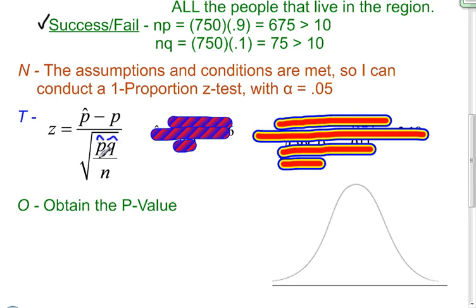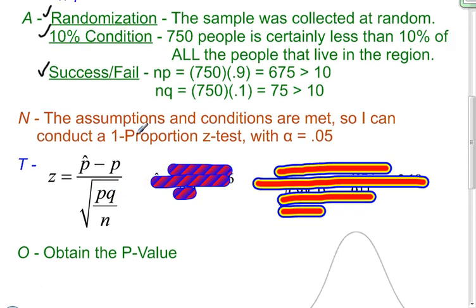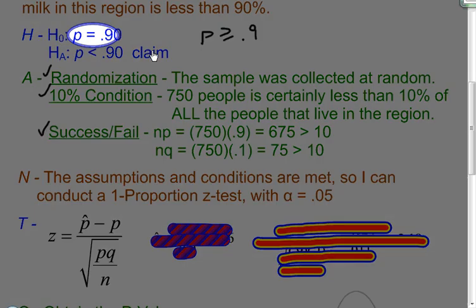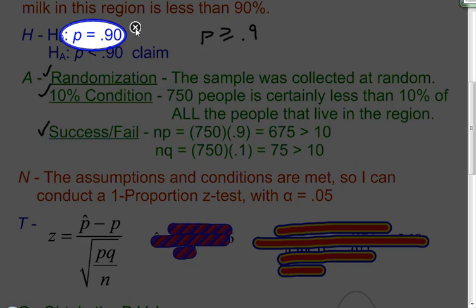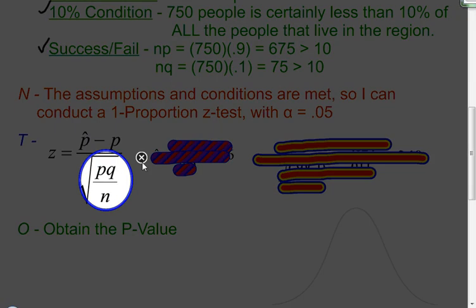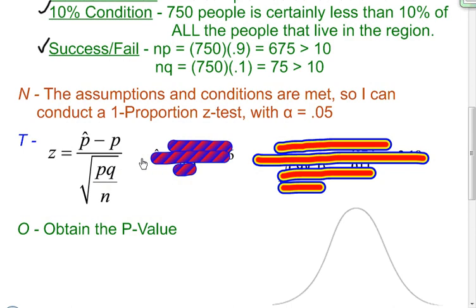Now, we did use P hat and Q hat when we were working with confidence intervals, but once we move to hypothesis testing, we are assuming that this null hypothesis is true. And because we are assuming the null hypothesis is true, we then need to assume that we can use that value in the null hypothesis for our population parameter.